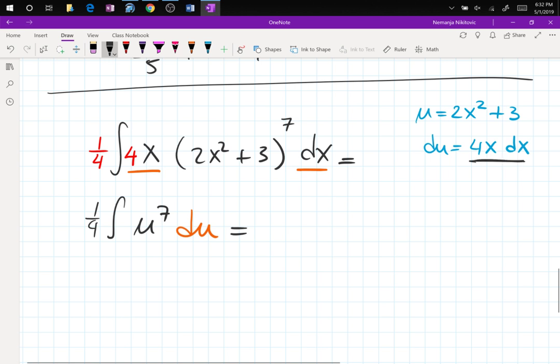Because, do you all see the 4x dx? I'll put that orange right there. So you kind of have to look at 3 locations at the same time.